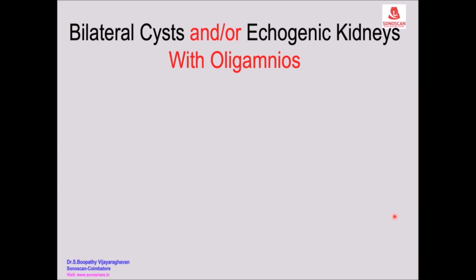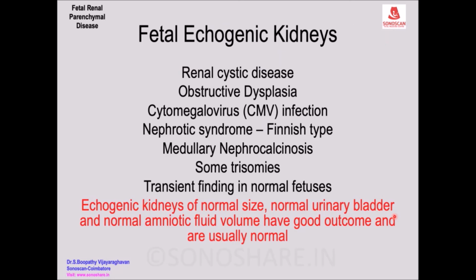If bilateral cystic kidneys or echogenic kidneys present with oligoamnios, again do complete organ scanning for involvement of other organs. Differentials include nephrotic syndrome of Finnish type, medullary nephrocalcinosis, and some trisomies, mainly trisomy 21.